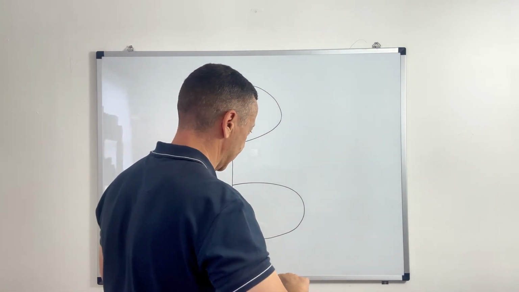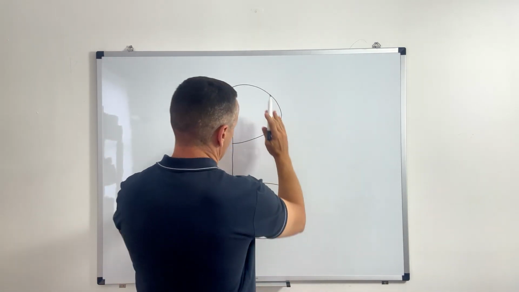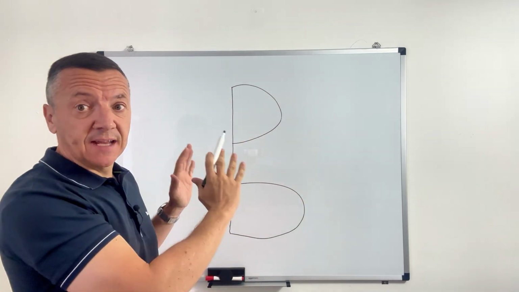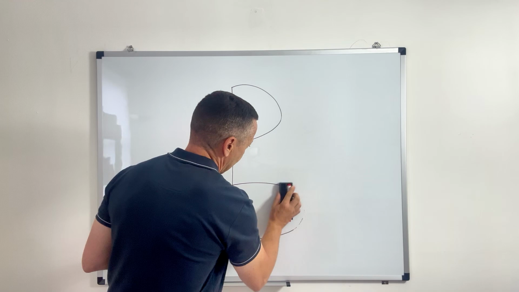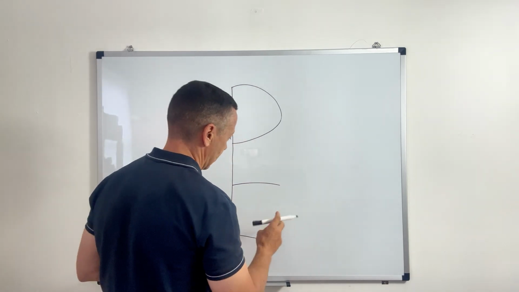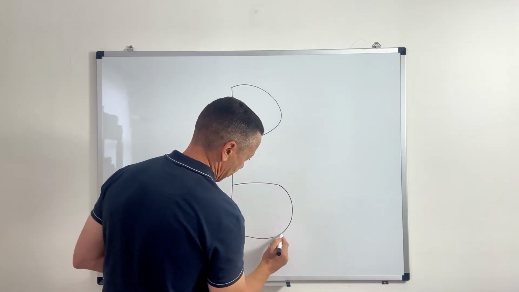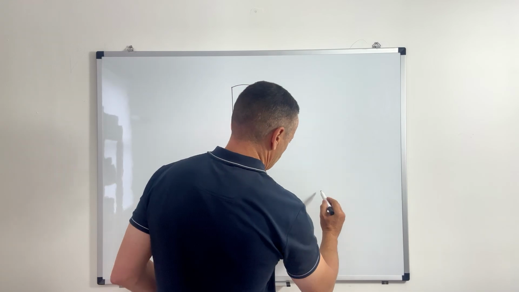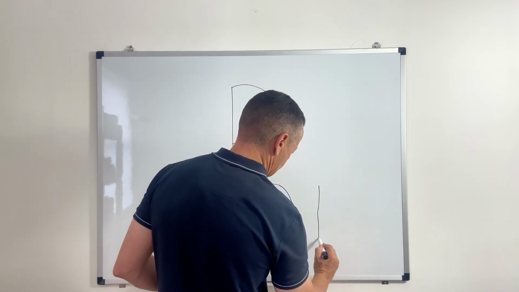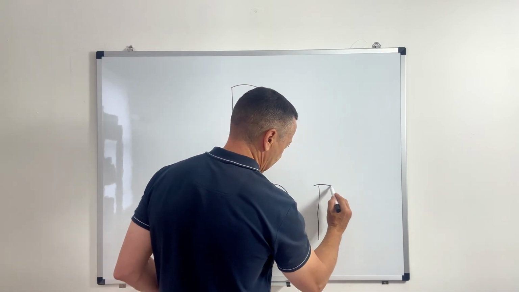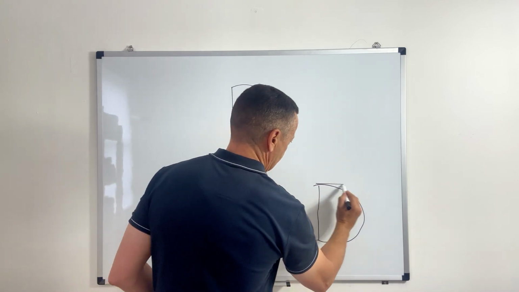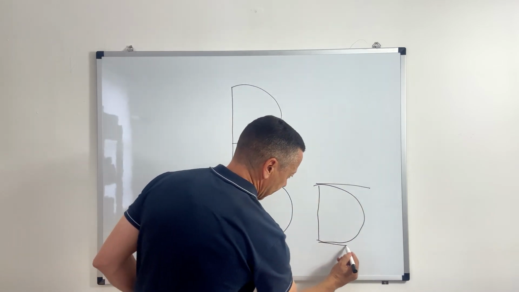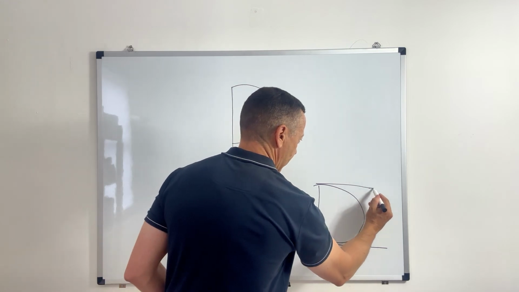So first one is a previous daily profile, okay, just for reference. This is another daily profile. This is the value area high and this is the value area low, like so.